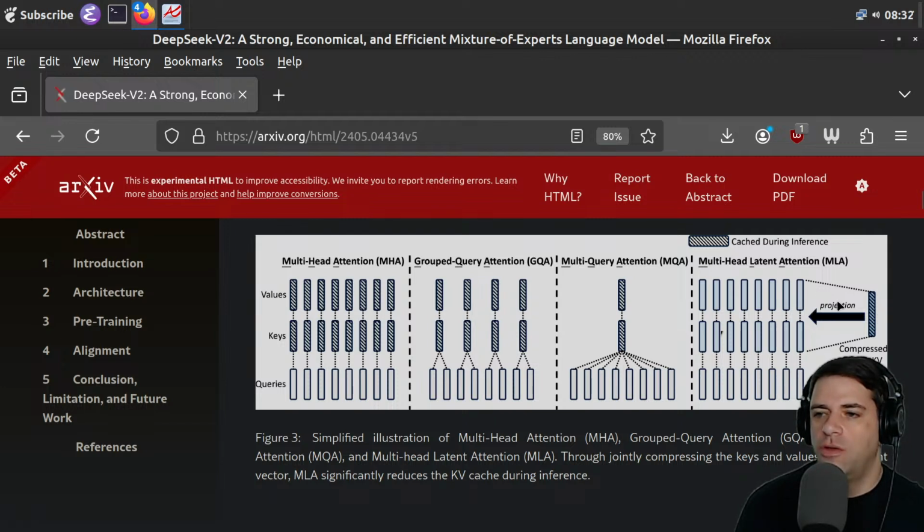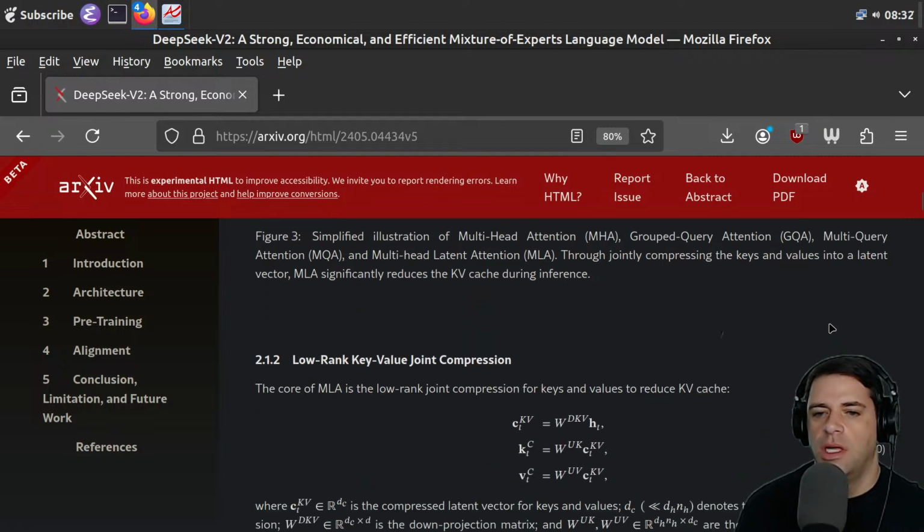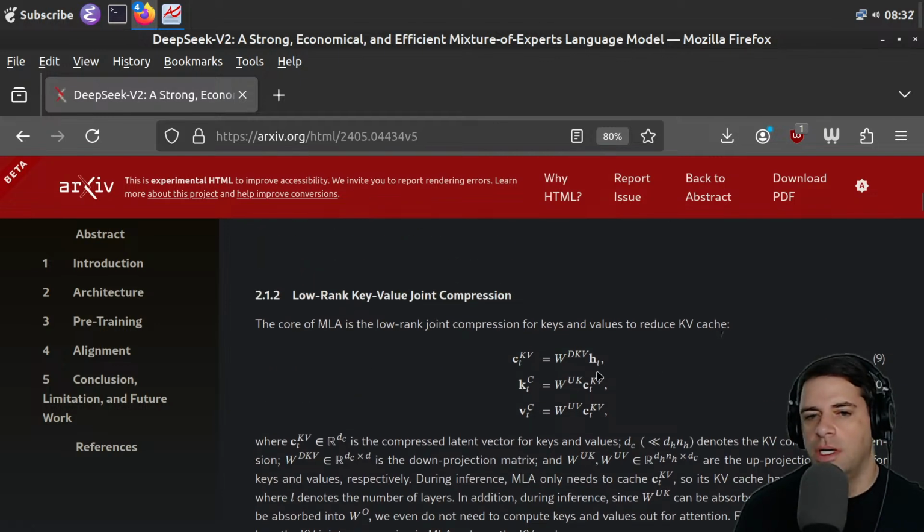But I think what they're doing is they are taking this stuff, which is higher dimensional. It's got more bits than we want to have in our cache. They're reducing its dimensionality by projecting it down to a compressed space. And then during inference time, they take a learned matrix and decompress the compressed key value. Seems like all that they're doing.